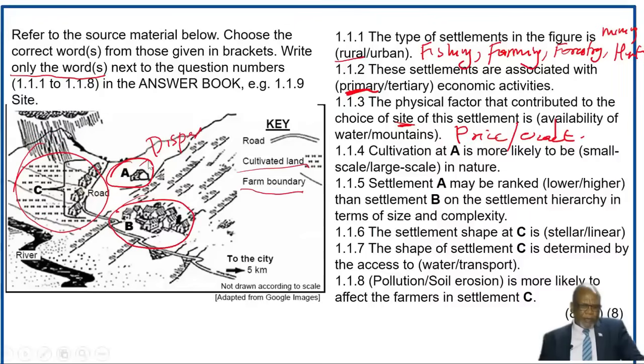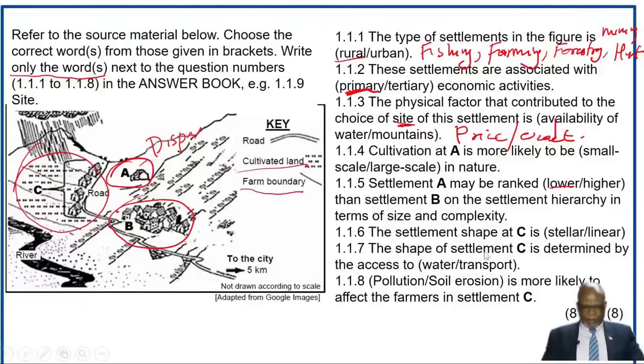A is the same as D in the other diagram. So the settlement A will be ranked lower because it is an isolated farmstead than settlement B. So settlement B here will be your hamlet. You can see it's a loose grouping of isolated farmsteads, but that one is an isolated farmstead.